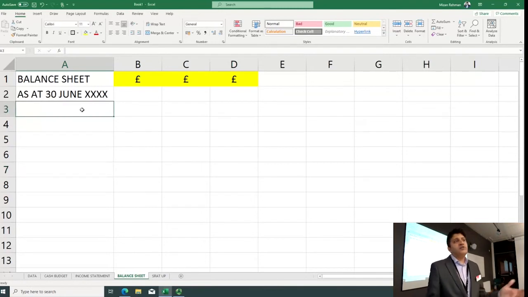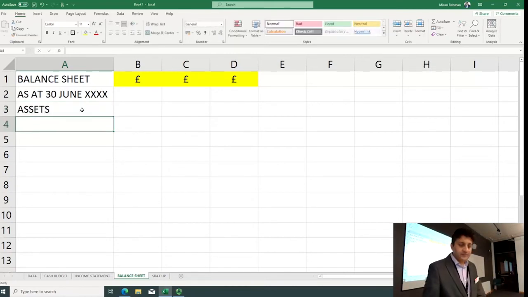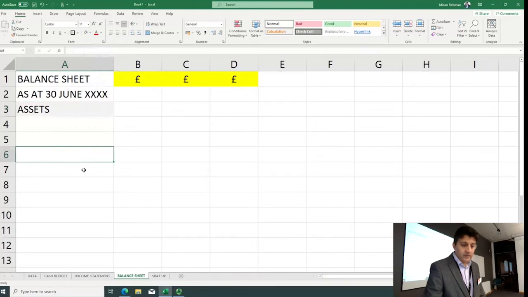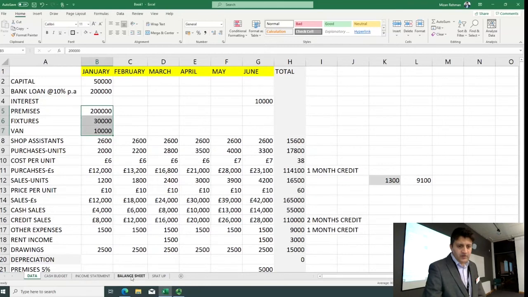First item, so there are 3 things on the balance sheet: assets, liabilities, and capital. Starting with our assets. So what assets do we have? We have these 3. So let's just use a link as well.